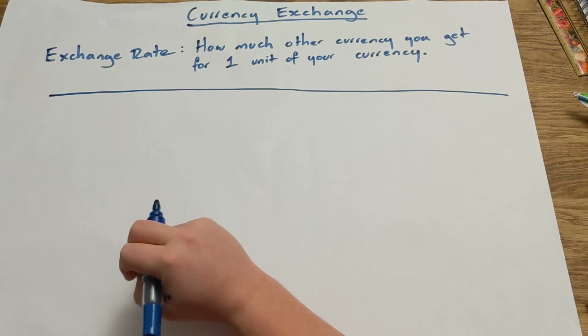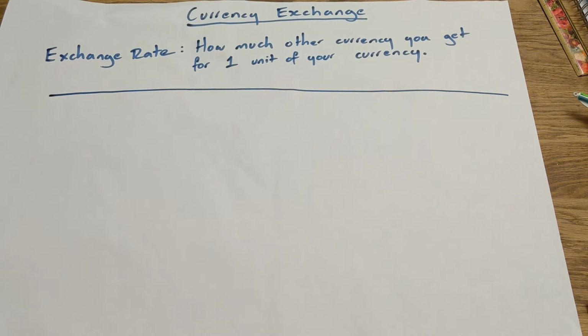So an exchange rate, like I said, is how much you get for your pound, and it's just a number. So you'll be given a number, and that's the exchange rate. And that number is tied to a currency. Now, you might get different exchange rates in different places, so you might get a bit more dollars if you change at the post office as opposed to changing at the bank or something like that.